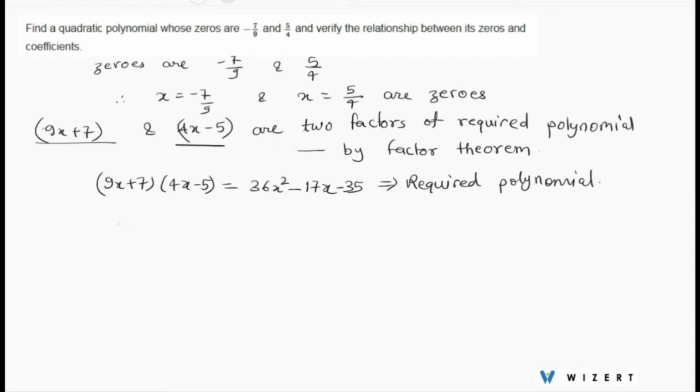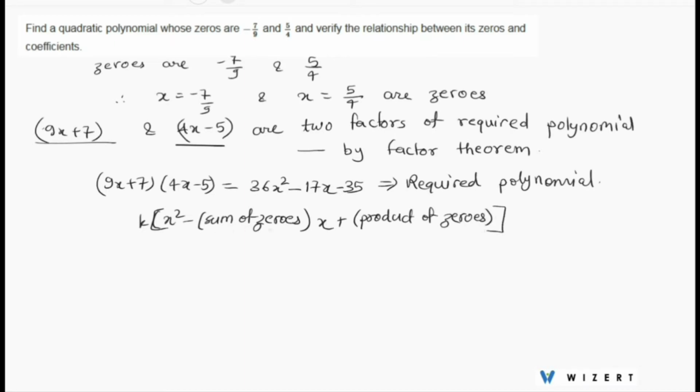So we can write an equation. Now the relationship between zeros and coefficients is that if k into x square minus sum of zeros times x and the constant term will be product of zeros.